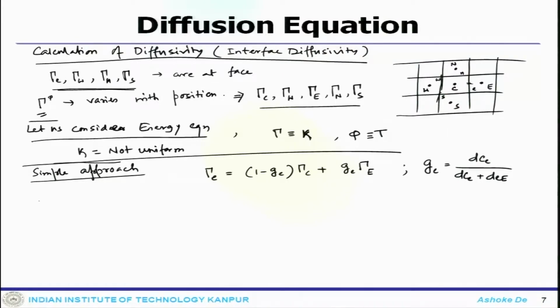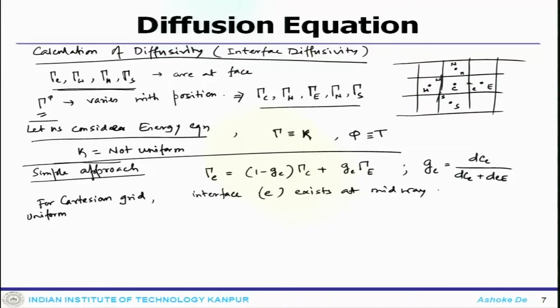Now, for a Cartesian grid, if the interface is midway, let us say a uniform Cartesian grid, which we have considered so far in our discretization formulation, then the interface E exists midway.